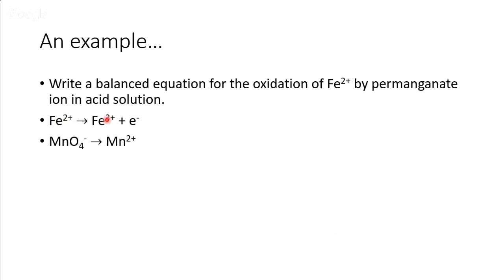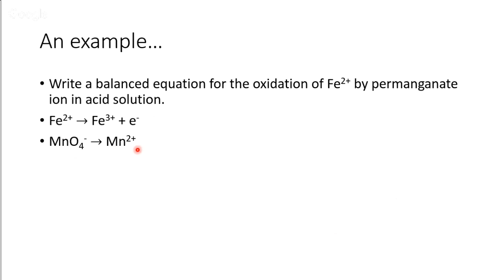So iron 2+ producing iron 3+ means it gave up 1 electron. Permanganate ion is MnO4 with a negative charge, and it is reduced to form manganese 2+. You can look these up in a table. So we're going from manganese +7 in permanganate to manganese +2.